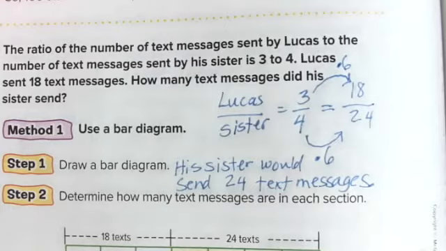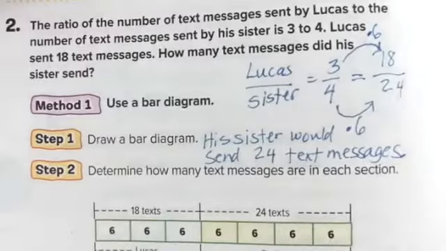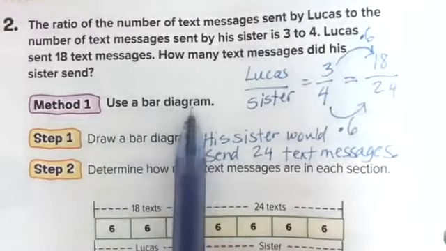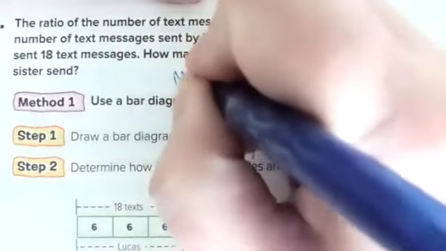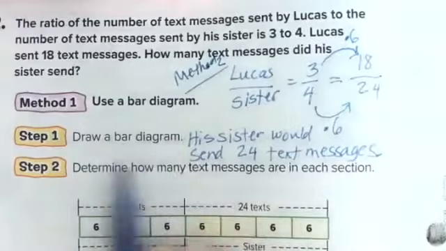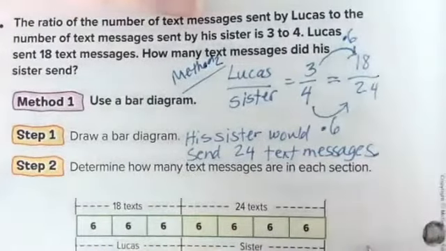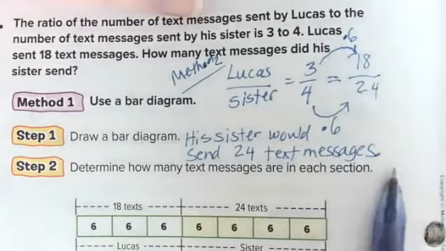Okay, so let's look at method 1, which is already done here for us. We can see method 1 using a bar diagram. So ignore this writing here, that was actually method 2. We draw the bar diagram, and then determine how many text messages are in each section.